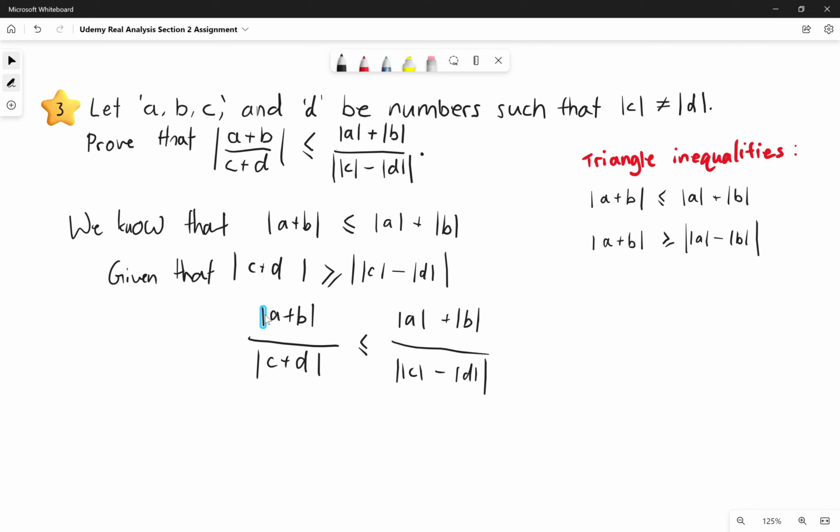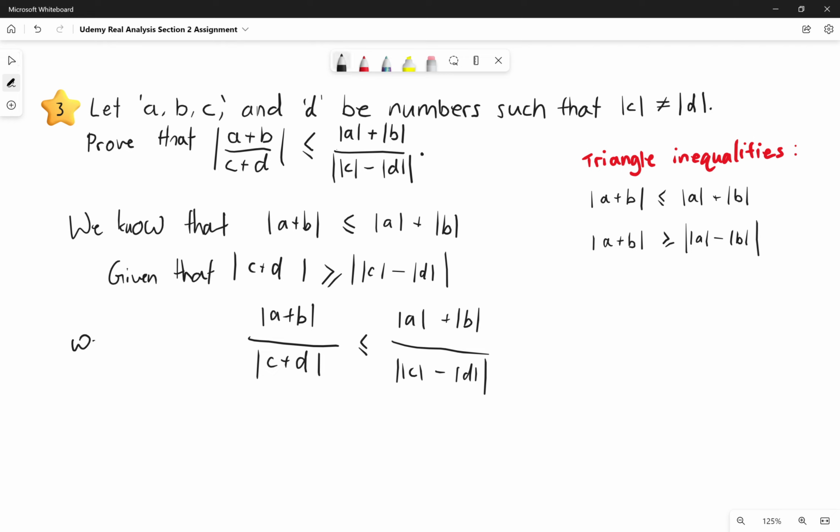First, we know that the absolute value of a plus b is less than the absolute value of a plus the absolute value of b. But on top of that, you're dividing it by a bigger number, so it's going to be even smaller. And you're dividing this by a smaller number, right?